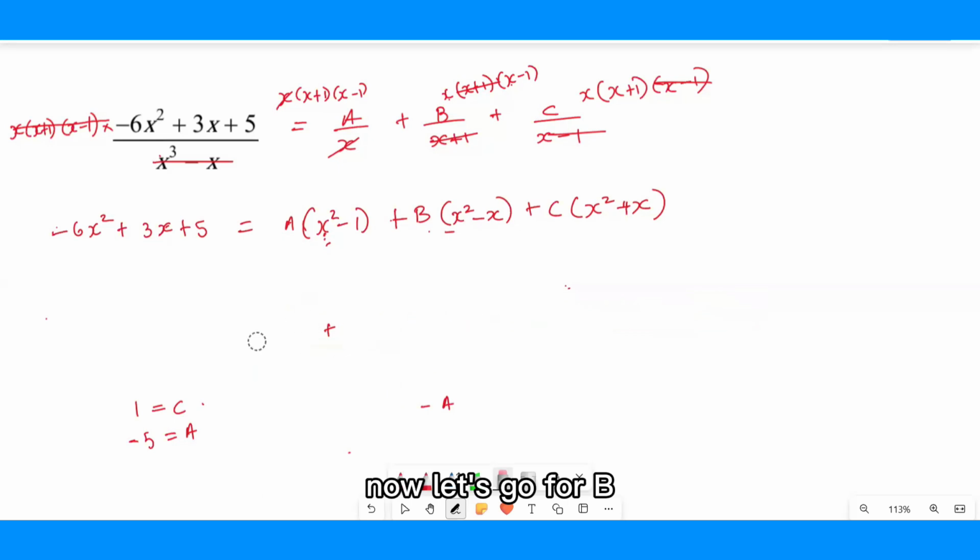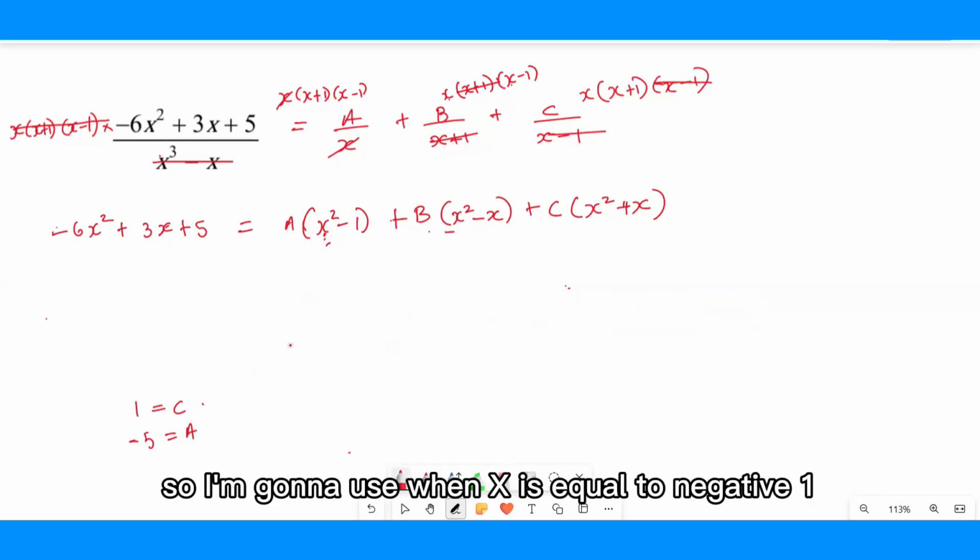Now let's go for b. I'm going to use when x is equal to negative 1.